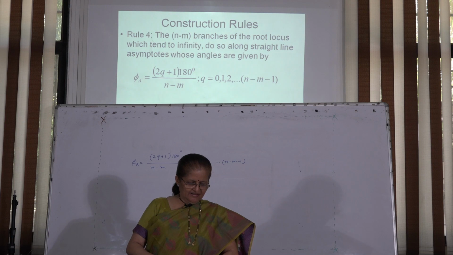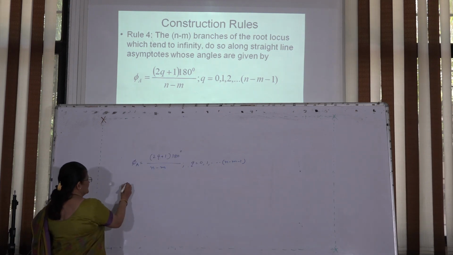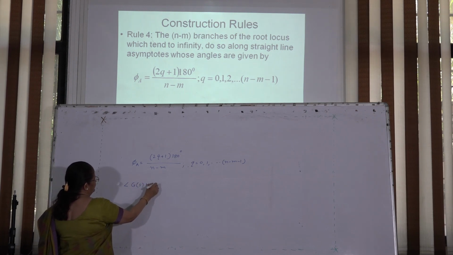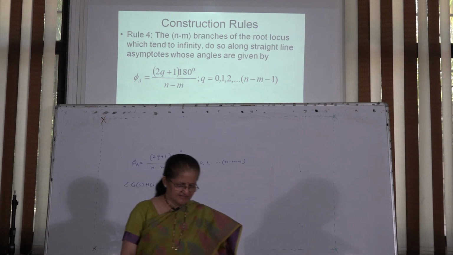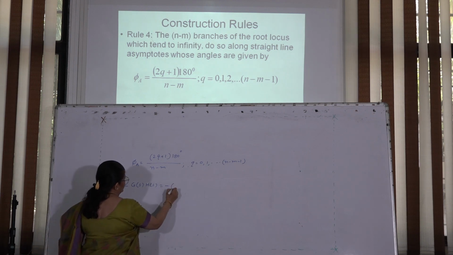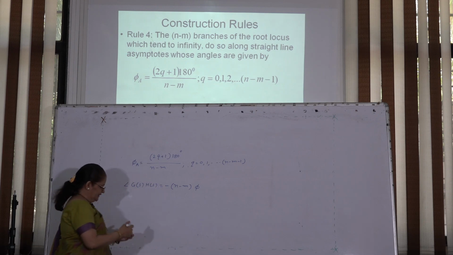So, that angle we can consider like this. So, the angle of G(s)H(s) is equal to minus (n minus m) into phi. So, phi is an angle.